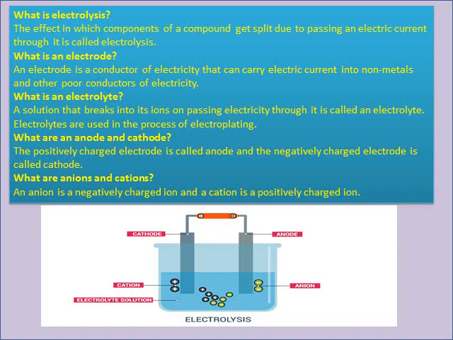An anion is a negatively charged ion and a cation is a positively charged ion. So these are the various terms you have to learn in the process of electrolysis. When you are learning, just see the diagram. If it is a cathode, see in the diagram where the cathode is.